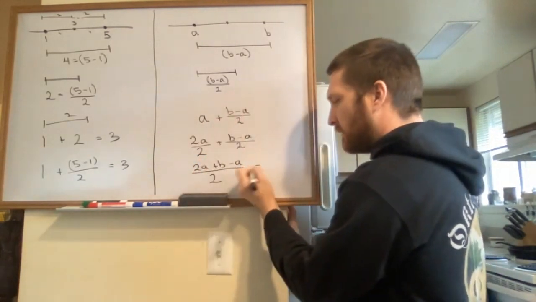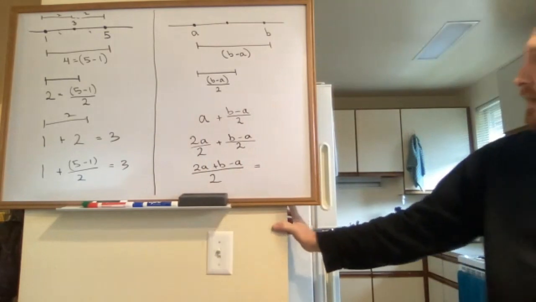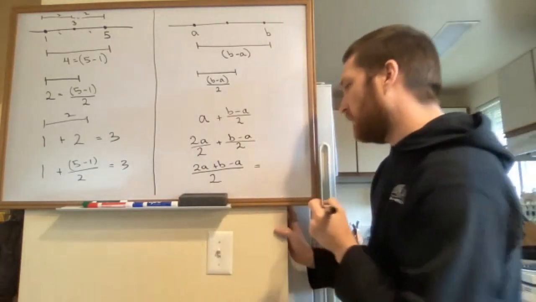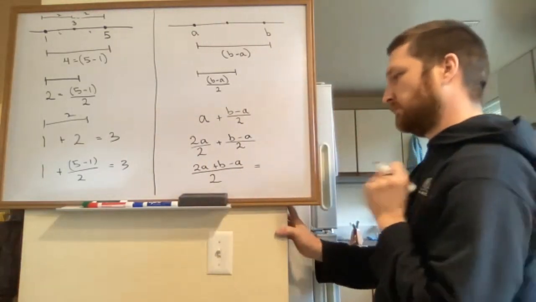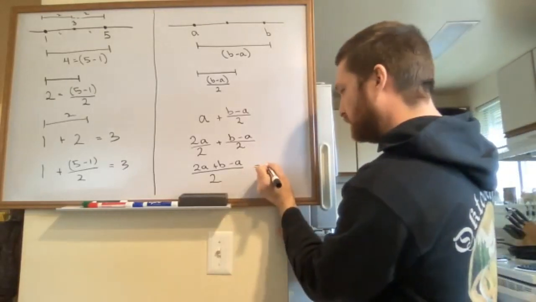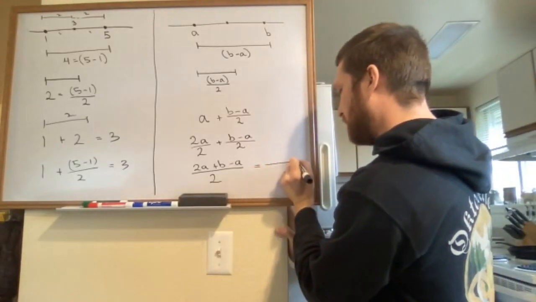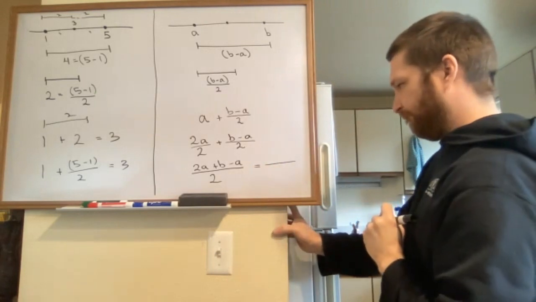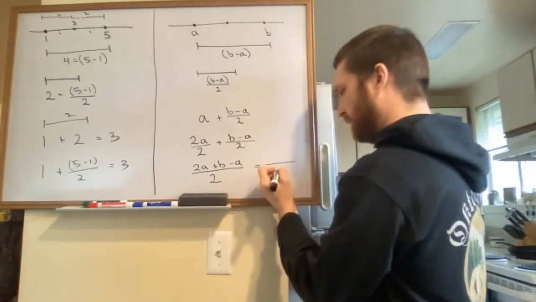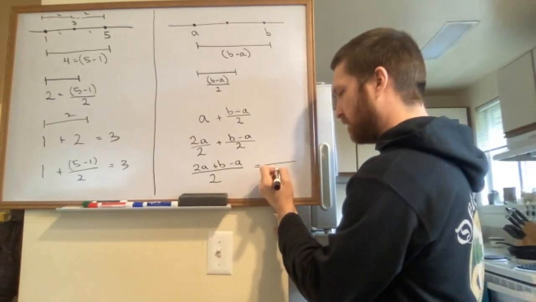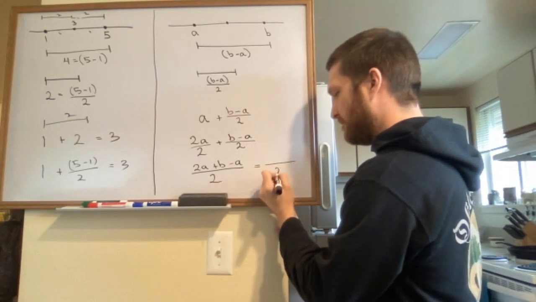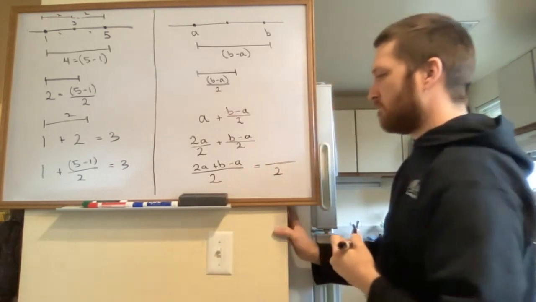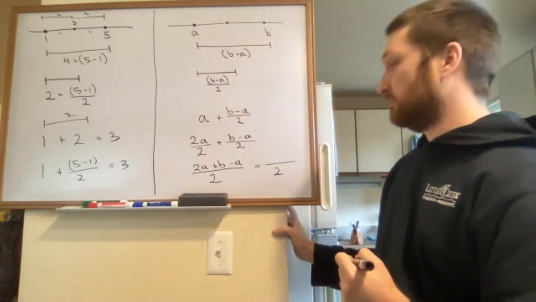And what does that work out to? B over 2, I think.